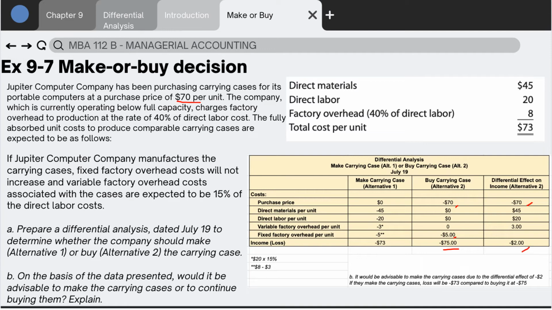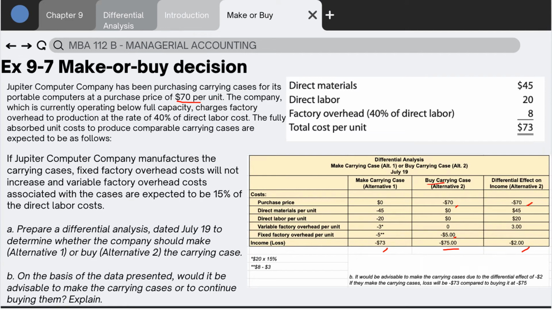And to answer letter B, on the basis of data presented, would it be advisable to make the carrying cases? As a manager deciding whether to make or buy the carrying case, if we're going to have a differential effect on income of $2, the best alternative decision would be to make the carrying case, as it only has a cost of $73 compared to the cost of $75 if we're going to buy the carrying case.